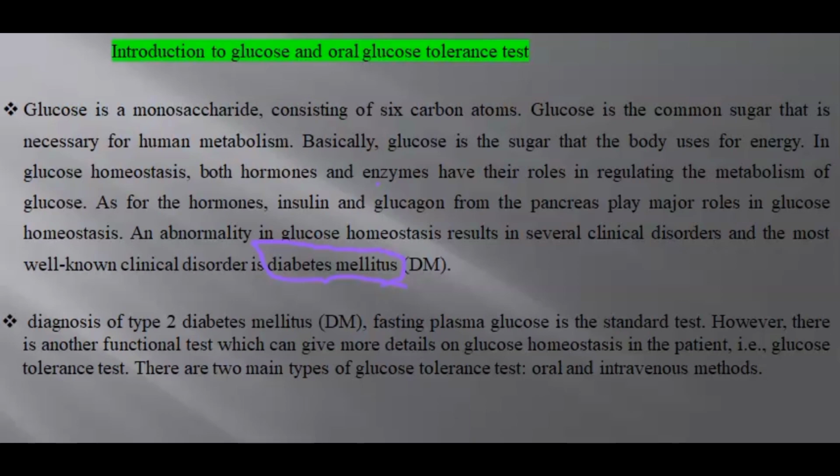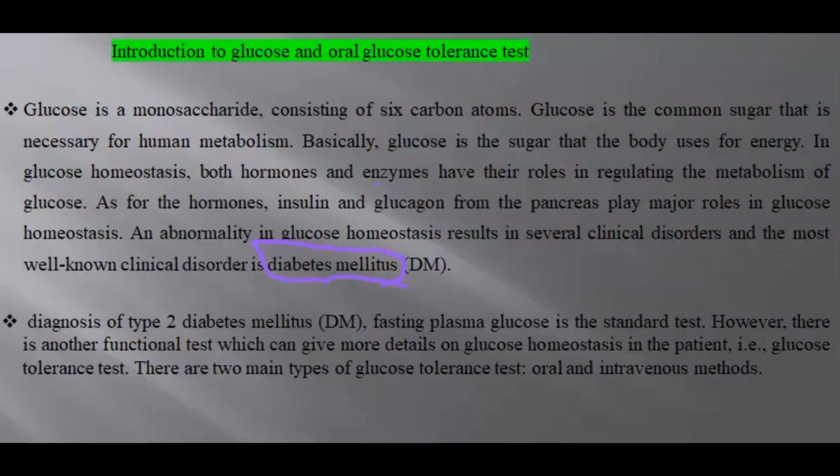We are looking at the oral glucose tolerance test, and the diagnosis of type 2 diabetes mellitus is majorly done by this oral glucose tolerance test. It is in the case where the fasting blood glucose is the standard test. Now, what we mean is this.